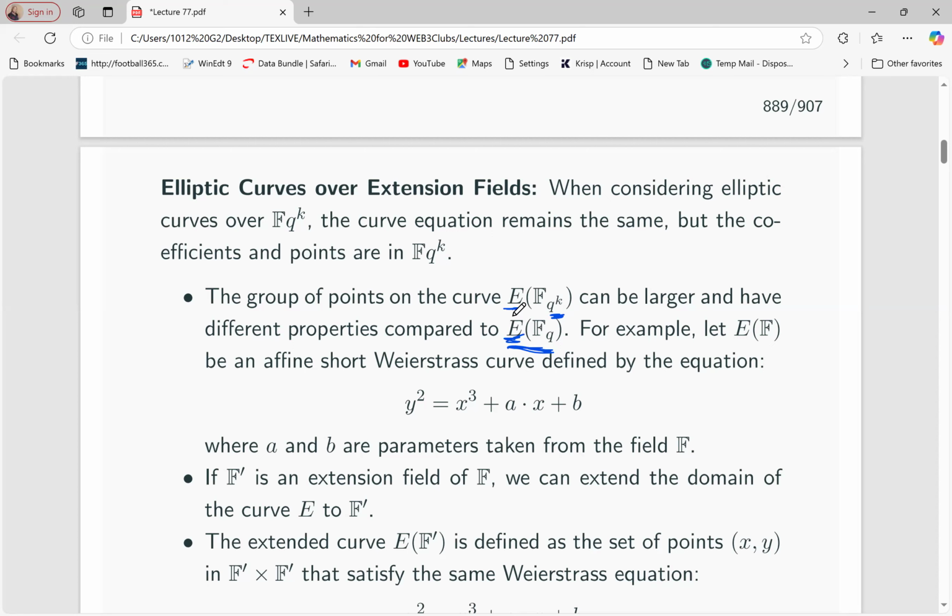Elliptic curve was E, it's in both cases. But now this new field is larger and has different properties. Of course, the points would be in form of polynomials. We are expecting different properties from the original properties.